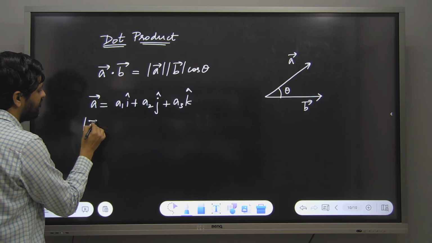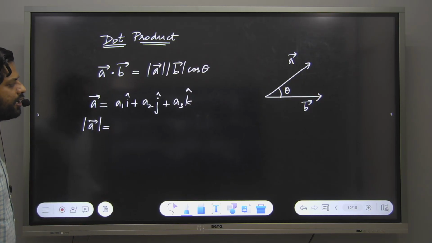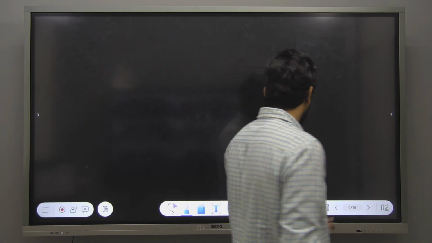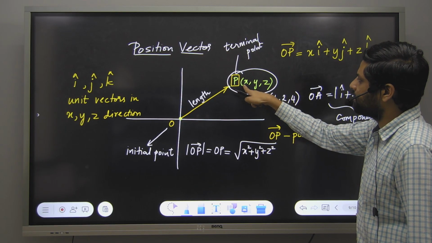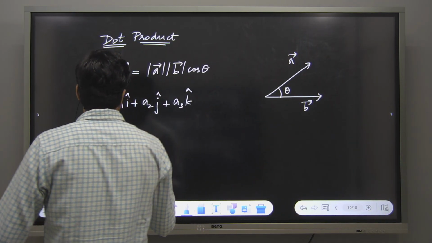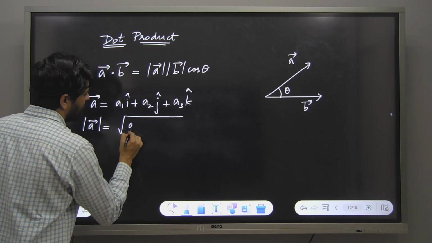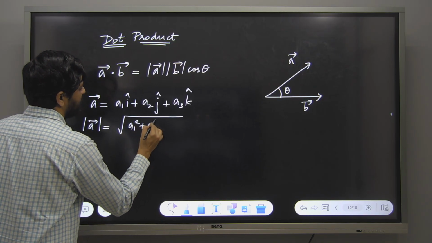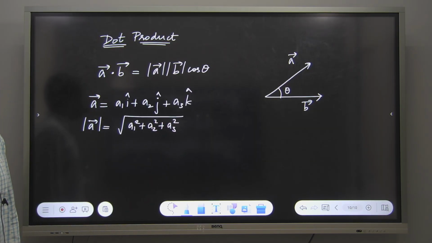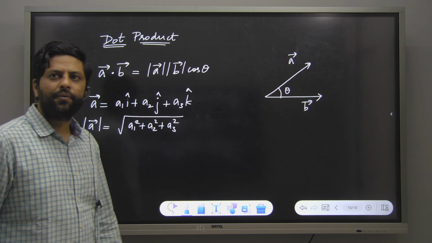What is the magnitude of A going to be? It is the square root of A1 square plus A2 square plus A3 square. This is how we find the magnitude of the position vector.